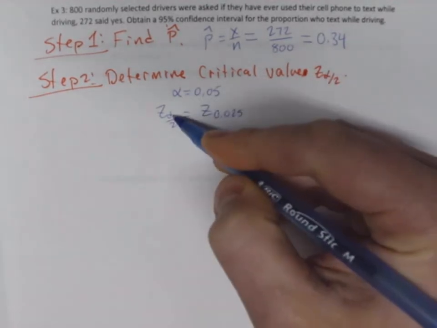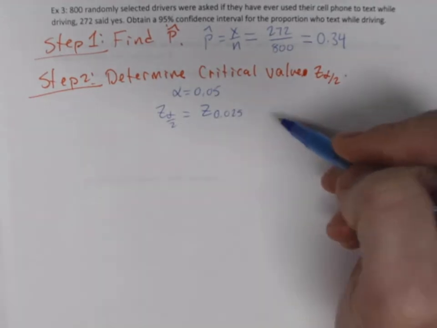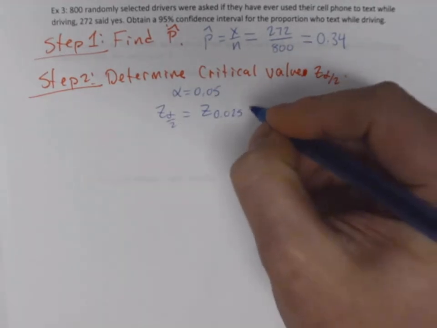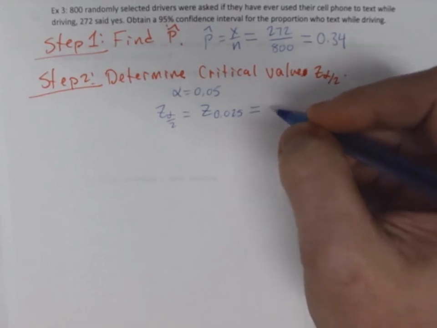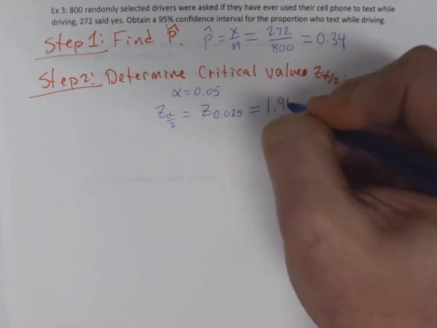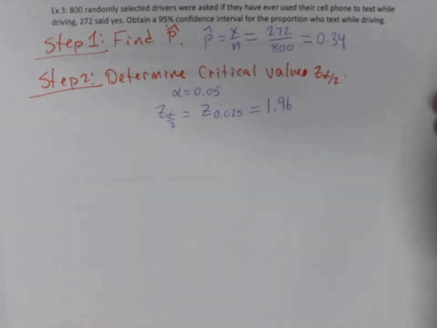I just plugged 0.05 in here and divided by 2. I skipped a step, so hopefully you're okay with that. I'm just going to give you the answer here, but please be comfortable with how to calculate these on your own. It's 1.96, and I also gave that answer in the previous table that we just worked. So there is Z alpha over 2.